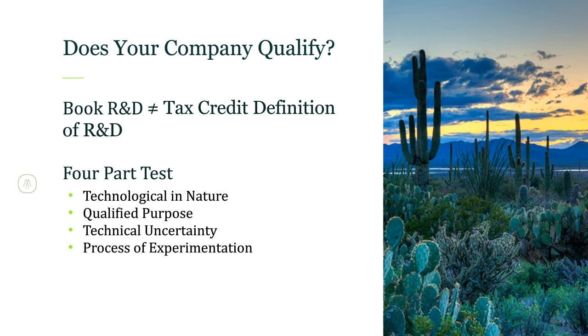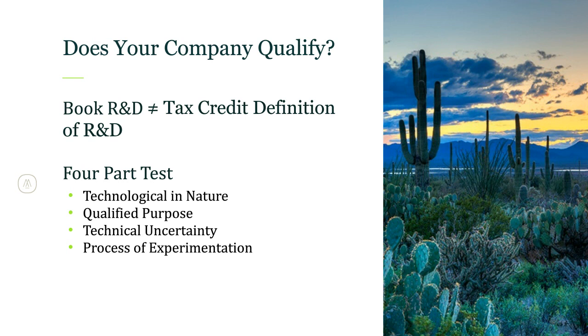So there are 4 requirements that must be met for activities to qualify for the credit, and we'll run through each of these on the next slides in a bit more detail. But first one is that the activities need to be technological in nature. They need to be done for a qualified purpose. They need to be done to eliminate technical uncertainty, and they need to involve a process of experimentation.